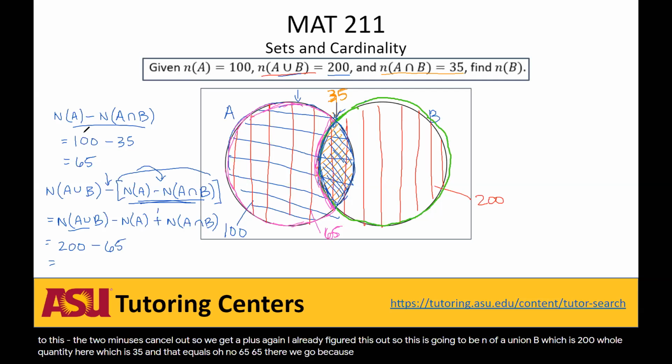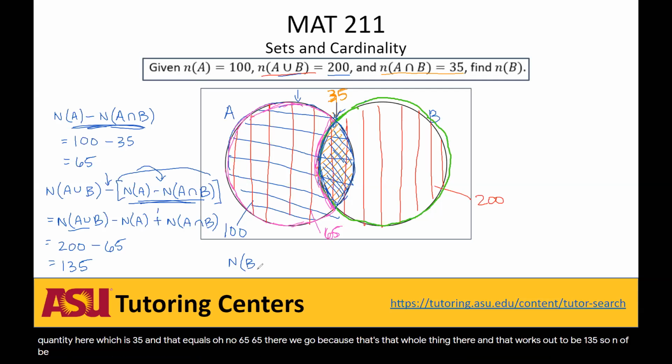Because that's that whole thing there. And that works out to be 135. So n of B has 135 elements. And that's our answer.